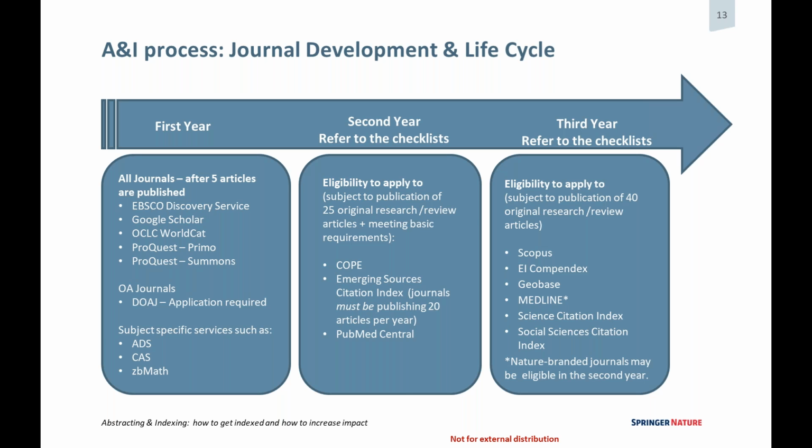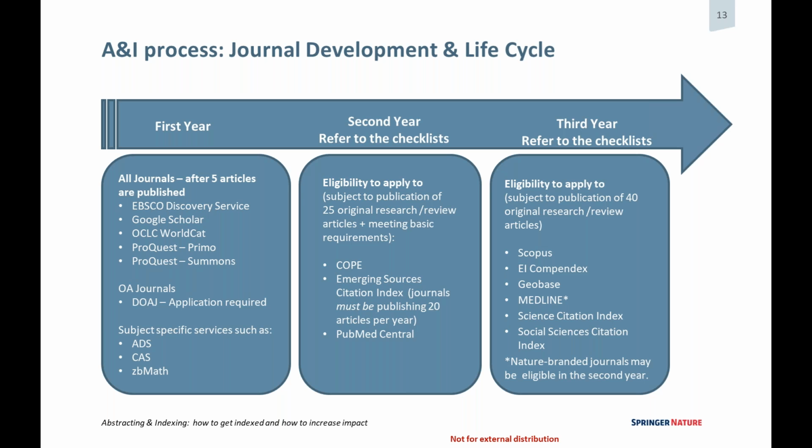So if you are publishing your content with a journal that is comparatively new, it is not necessarily going to be indexed in some of the well-known ANI services, because usually they take time in making sure that the journal has consistently published for a certain number of years.